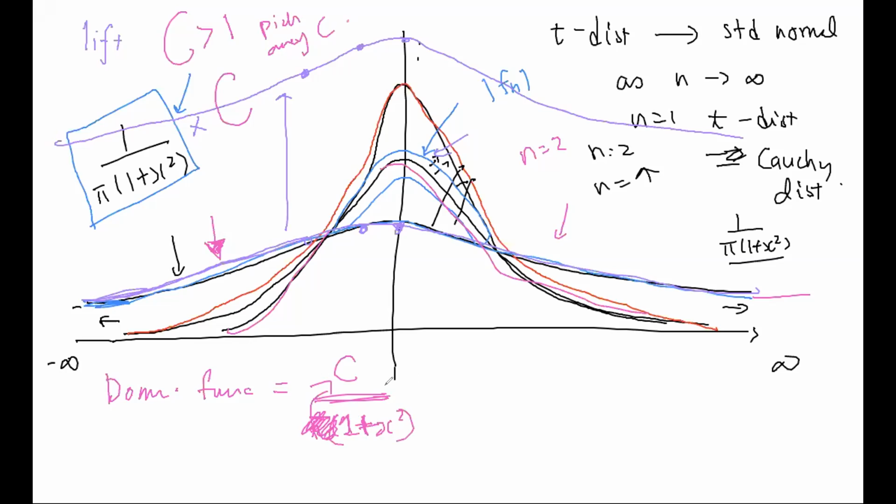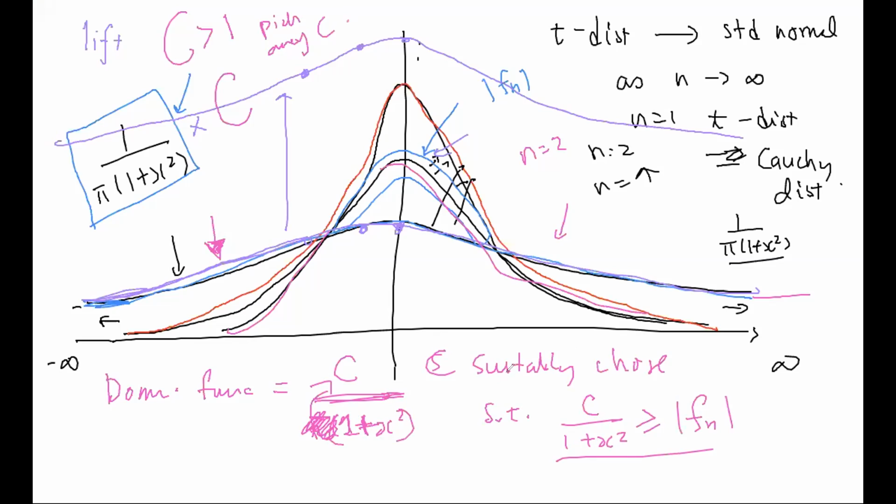All right. And so c suitably chosen, right? Such that c of this is dominating your Fn. Okay, so this is clear.